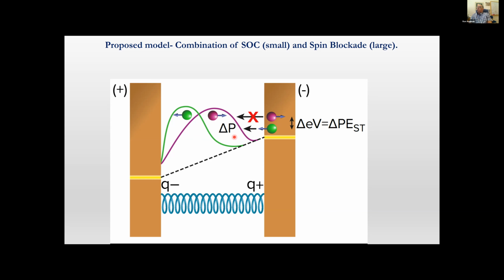In molecules, it's on the order of 1 electron volt. So even if you have, let's say, 4% spin polarization here, times 1 electron volt, it means a 40 milli electron volt energy barrier for injecting the wrong spin in. The right spin will go in with no problem.